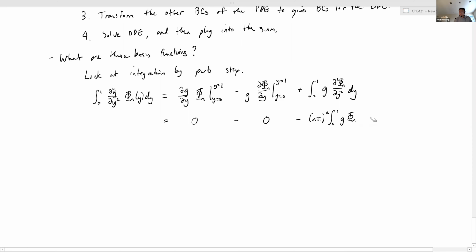And the way we were able to make all these simplifications is specifically because of the basis function. And so these are the necessary properties for the basis functions.